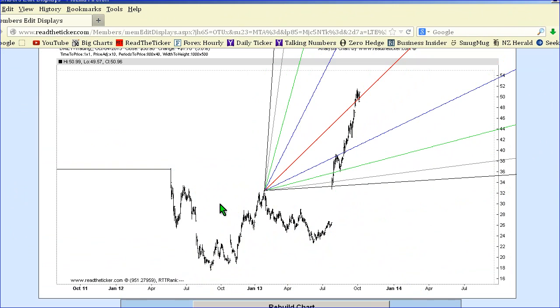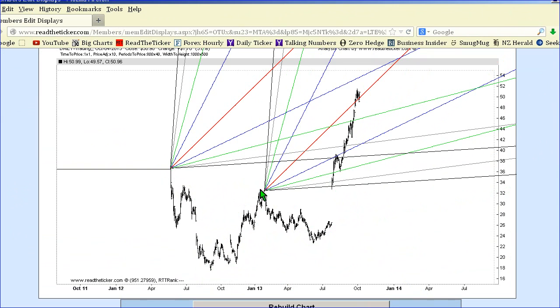The other thing we can do, we can select pivots from previous high points. And we see we had trouble obviously at the 36 level, which is obviously a previous high point. Had trouble there at 46 with the green line hit.